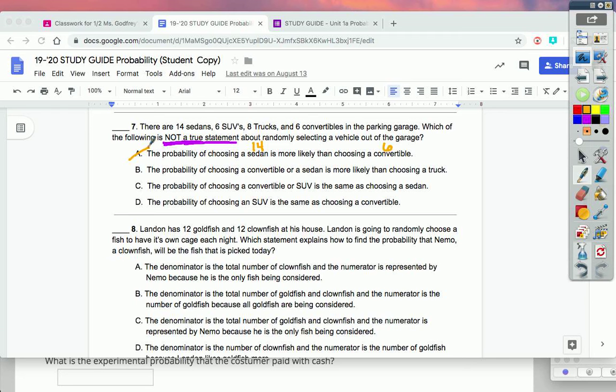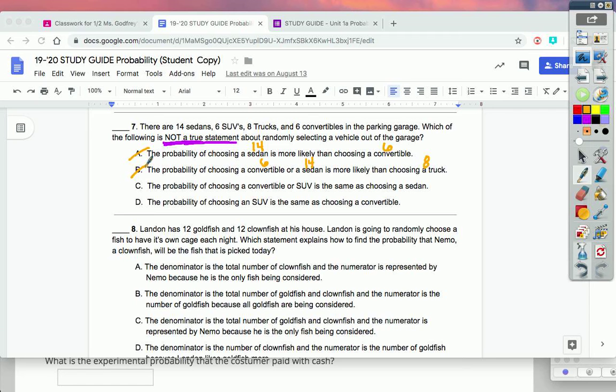The probability of choosing a convertible, which is 6, or a sedan, which is 14, is more likely than choosing a truck. A truck is 8. So is 20 more likely than 8? Yes. So guess what? This one is true.